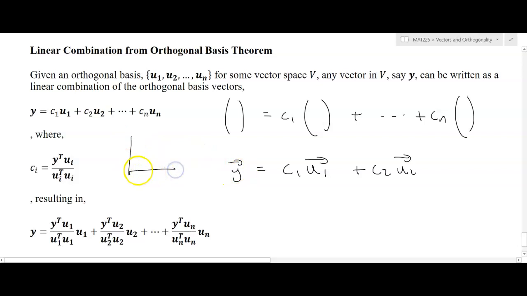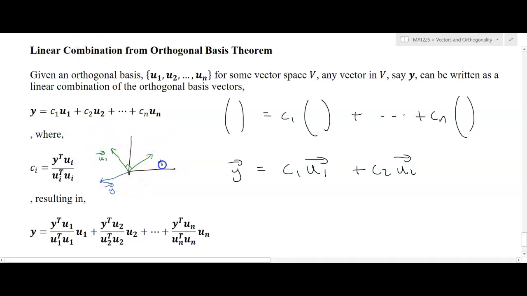I have my 2 orthogonal vectors, and just to emphasize, they don't have to point along the axes; they could be perpendicular like this. If I take the right combination of these two vectors, I can get to the tip of y pretty easily.